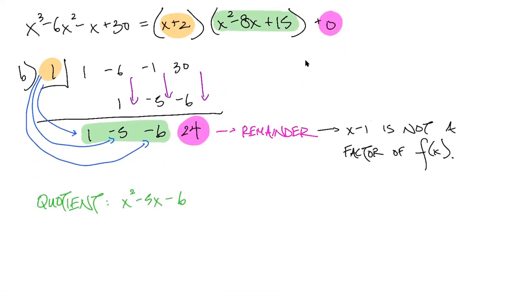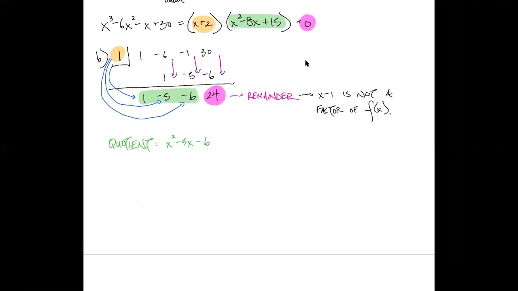So if I wanted to write it the same way I did above, I could write that this polynomial is equal to x minus 1 times x squared minus 5x minus 6 plus 24. Oh, okay. So it's like this orange times the green gets us close to our polynomial, but then we have to add 24 to get there. Okay? Okay, thank you.